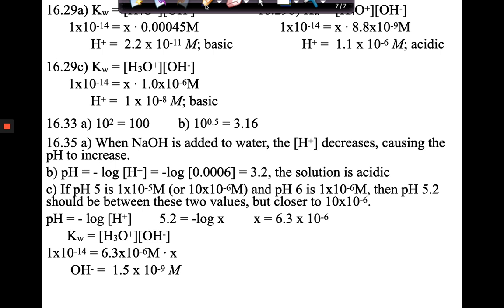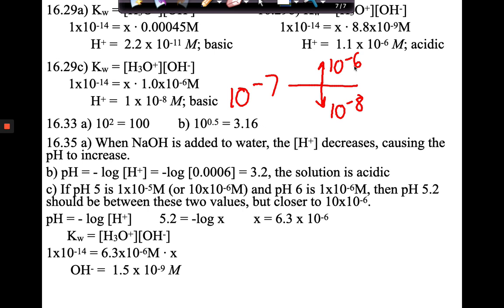Okay, so the idea is that if these concentrations are 10 to the negative 7th, where they're both the same, if one went down by a power of 10, to 10 to the negative 8th, and one went up by a power of 10, to 10 to the negative 6th, that would give us the split. Each changes by a power of 10, and now they're different by 100.